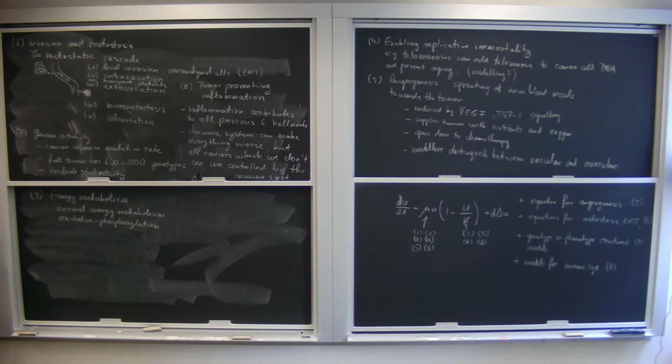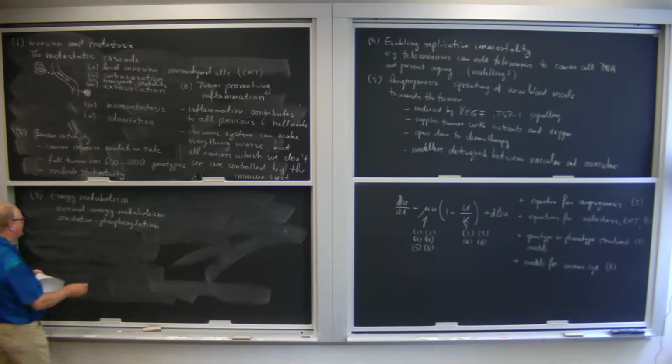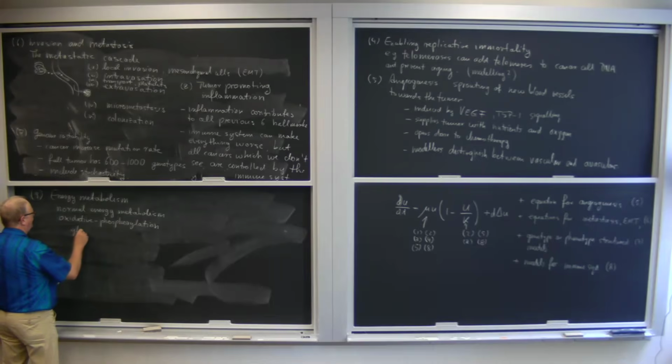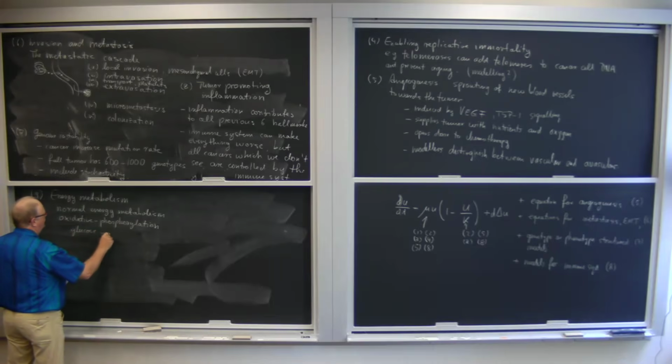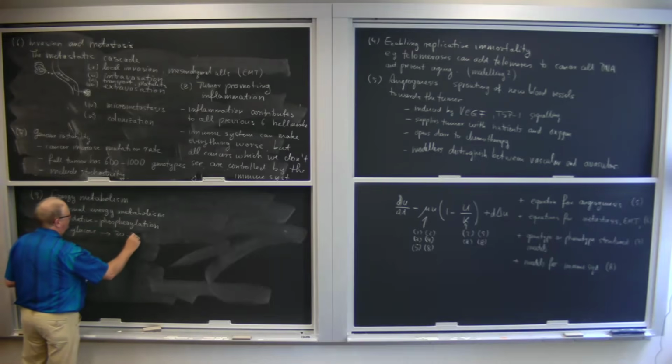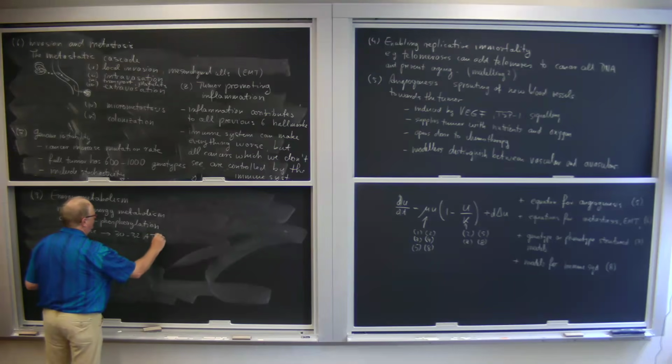People say it provides 30 to 32 ATP, but I couldn't quite get it. So what produces 30 to 32 ATP? What is the input? Is it sugar? Right, glucose, yeah, okay. 30 to 32 ATP.